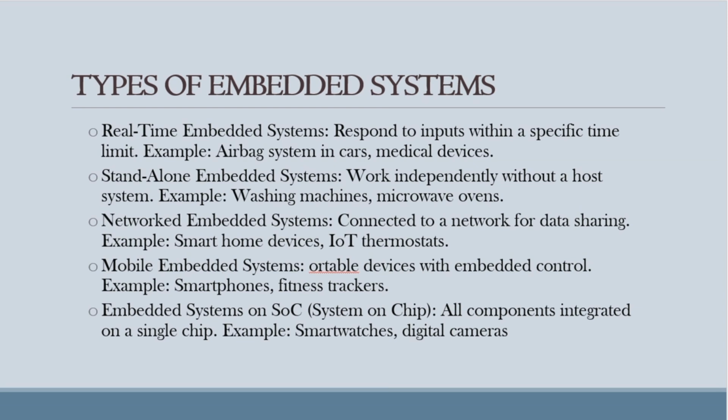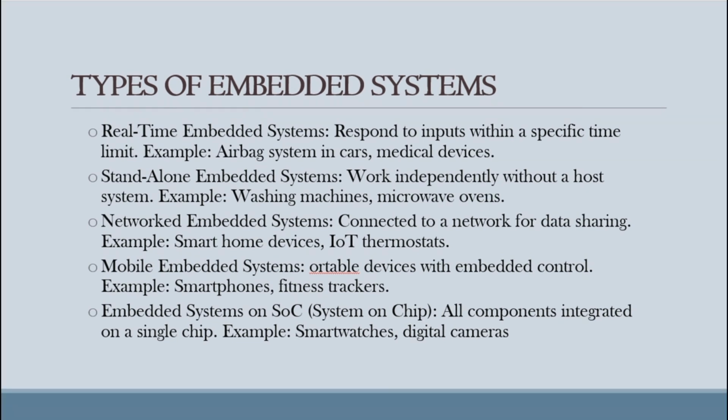And mobile embedded systems are portable devices with embedded control, which are seen in smartphones and fitness trackers. And then these are also classified as embedded systems on SoC, which is the system on chip, where all the components are integrated on a single chip. These are used in smartwatches and even in digital cameras.